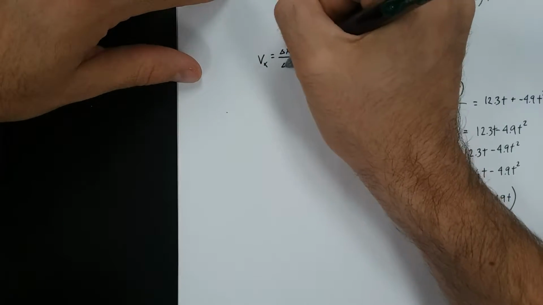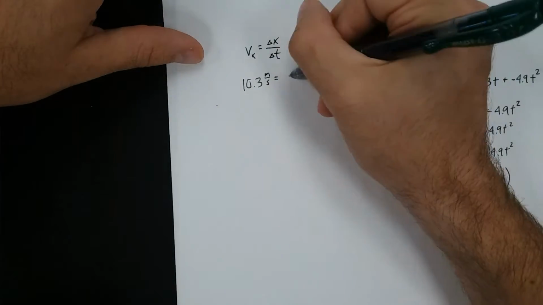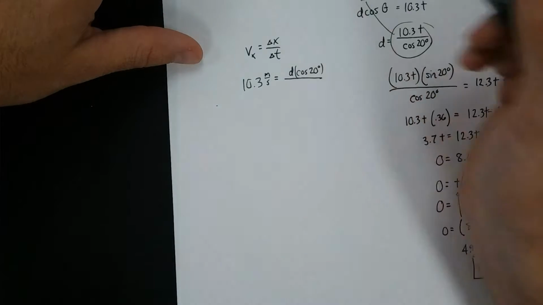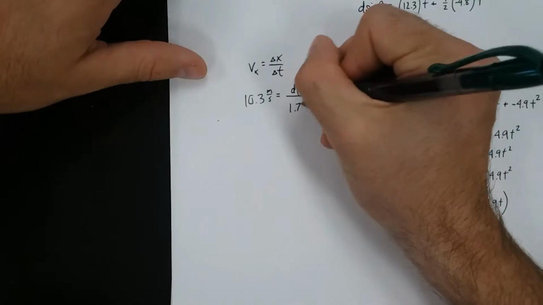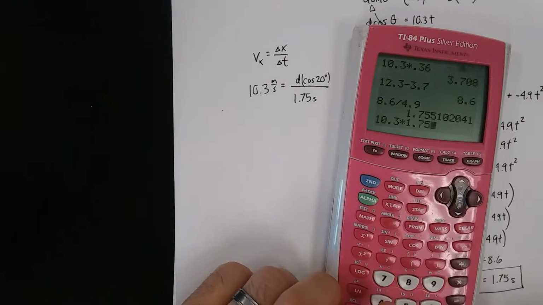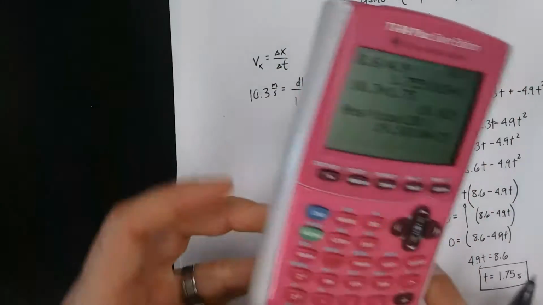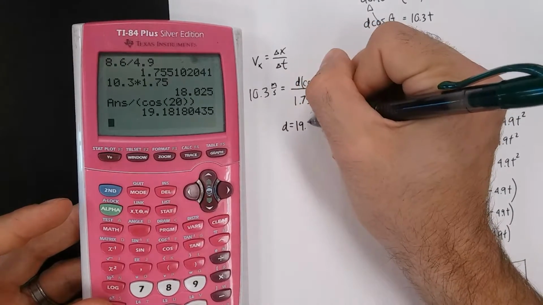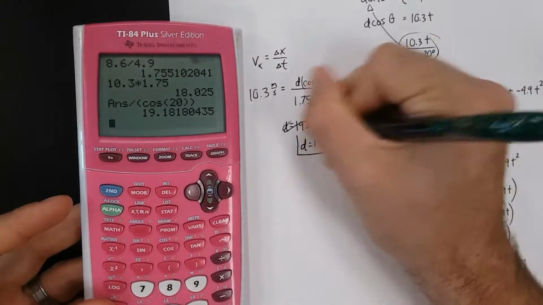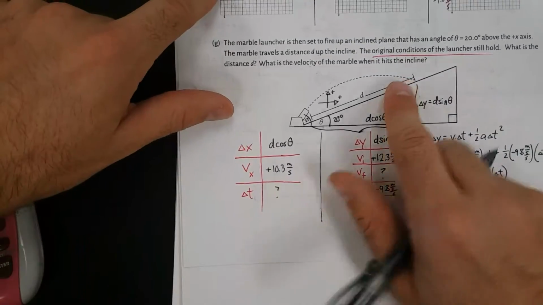Vx equals delta x over delta t, or 10.3 meters per second equals d cosine 20, and what I now know is 1.75 seconds. 10.3 times 1.75 divided by cosine 20 gives us a d of 19.18, or sig figs, 19.2 meters. From that distance d, you can solve for the velocity of the marble when it hits the incline.